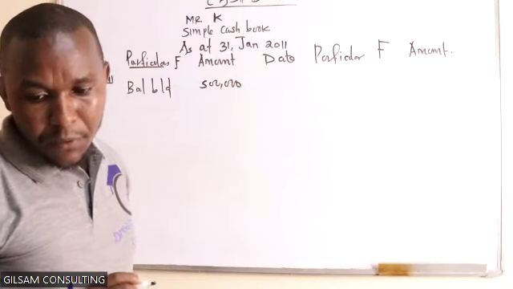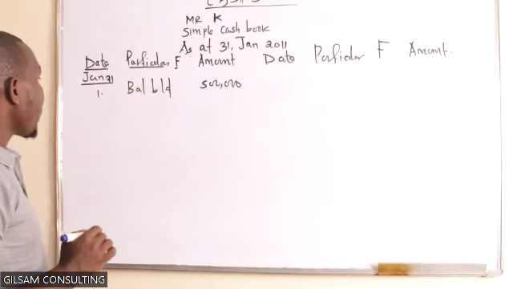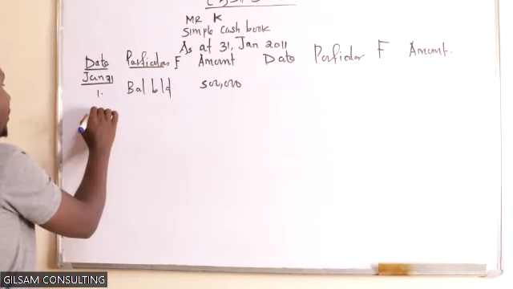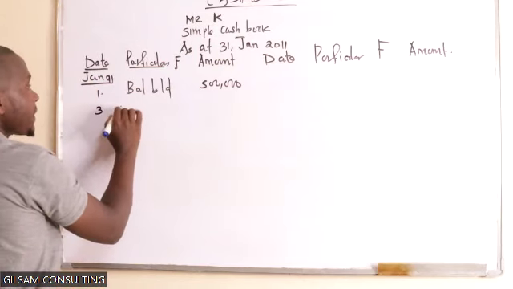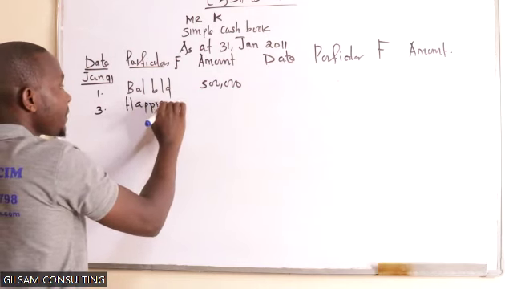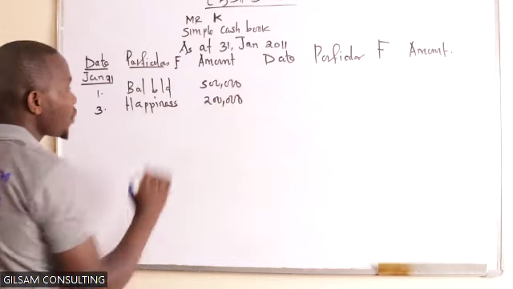And then we were told cash received from Happiness, who paid us. So which date? That is date 3. You come here, you receive money from whom? Happiness. So maybe Happiness is our supplier of what? 200,000.